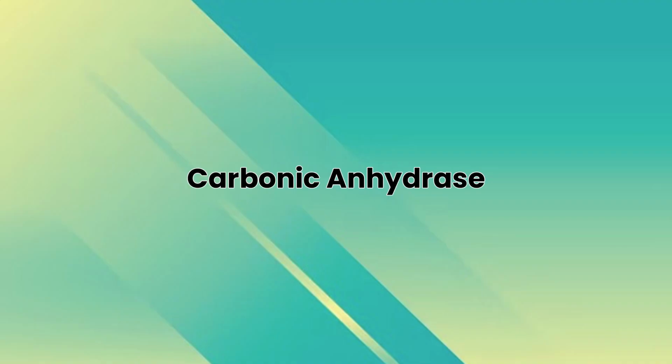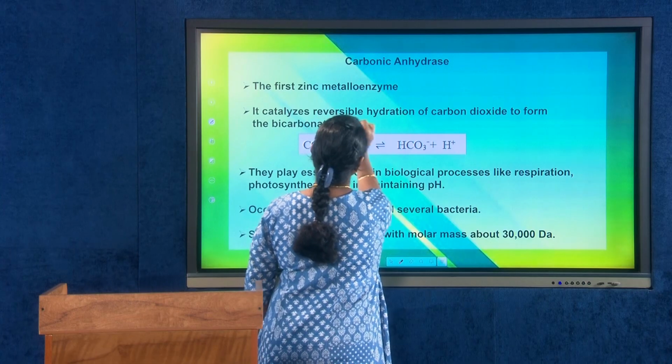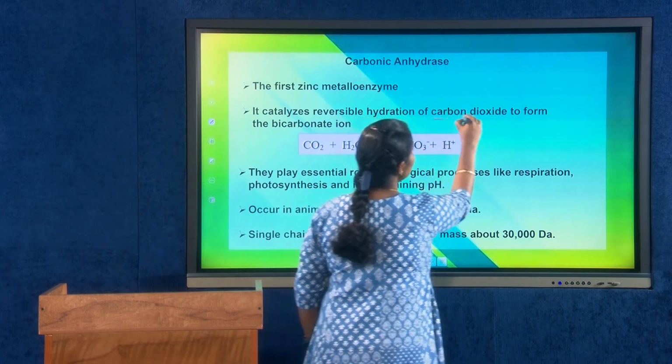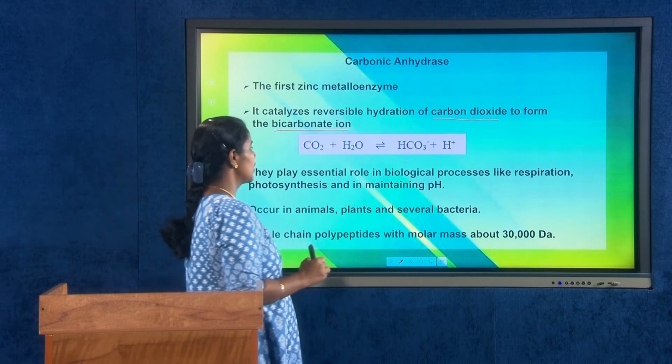Now, let's move on to the next zinc-containing enzyme, carbonic anhydrase. It is the first zinc metalloenzyme identified. It catalyzes the reversible hydration of carbon dioxide to form bicarbonate ion.